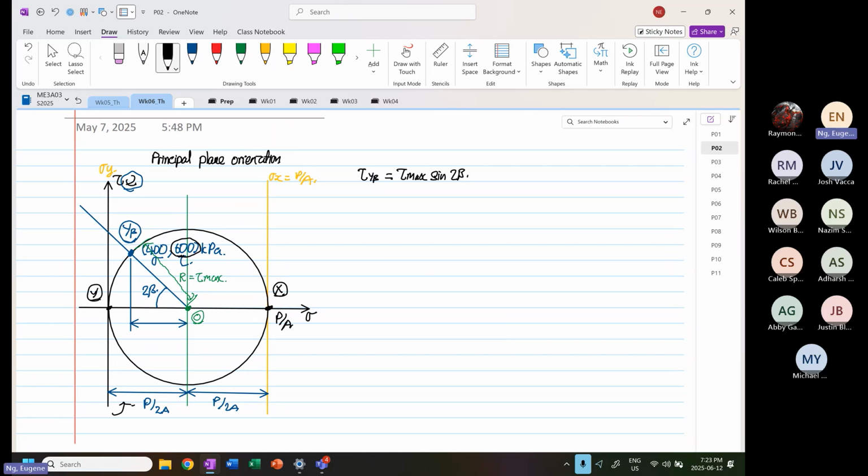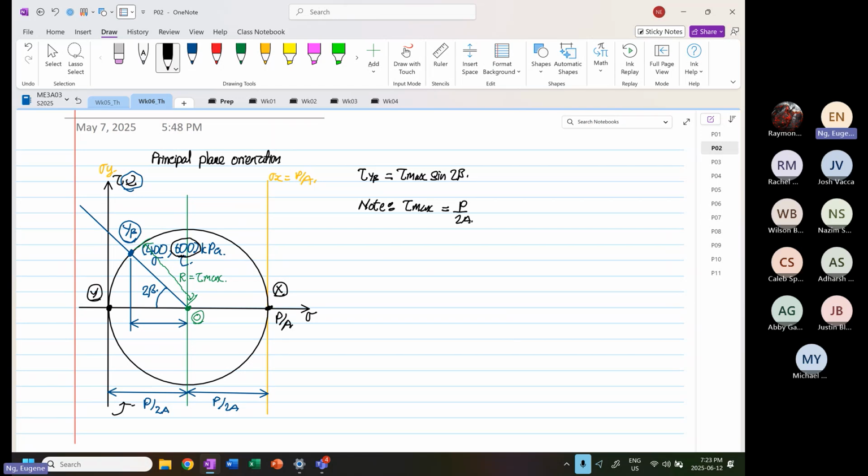So we know that tau max, note that tau max is also equal to P over 2A, right? It's obvious down here, because one point is 0, the other one is x, so P over A, so the average is P over 2A, the center of the circle.